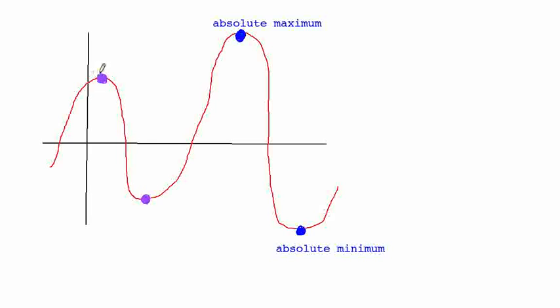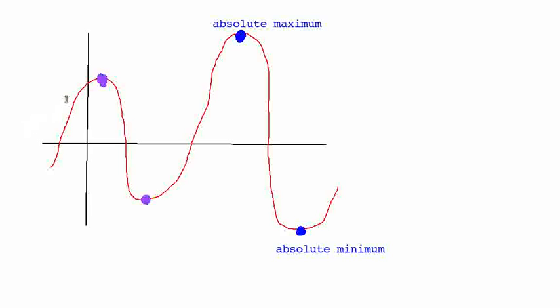Now those are not the absolute biggest and smallest values. However, for a subinterval, for a little interval that includes one or both of those points, they are the max and min. We can't call them the absolute max and min. However, for a little local region, they're the max and min.